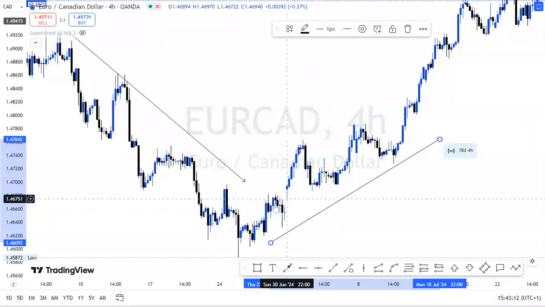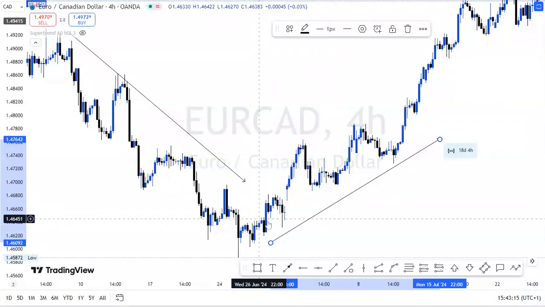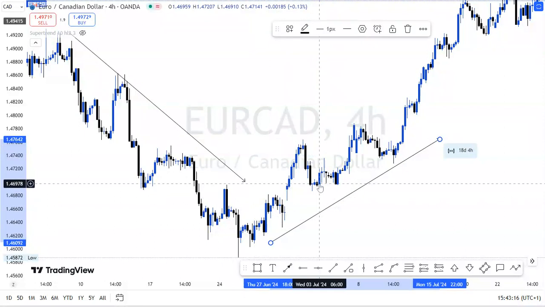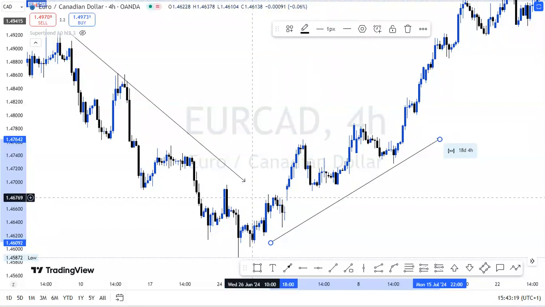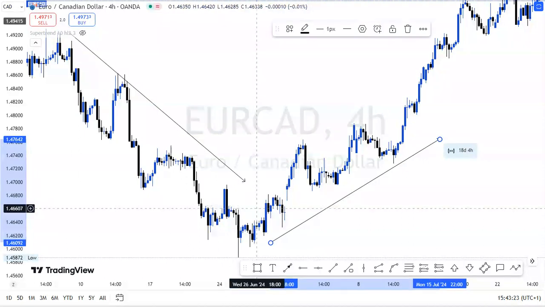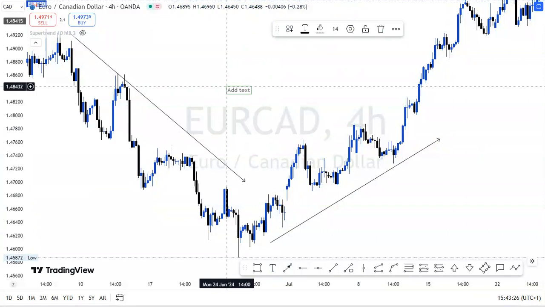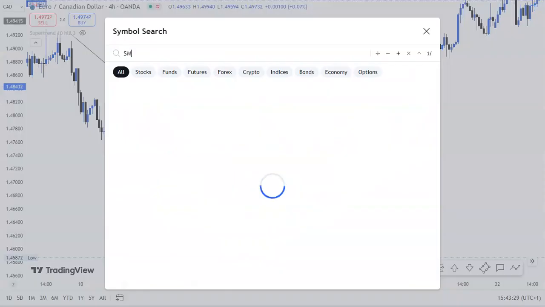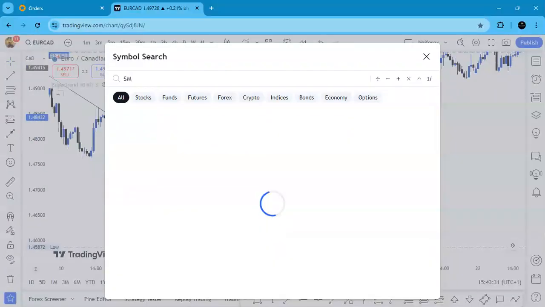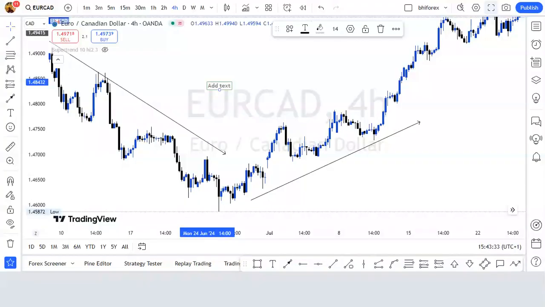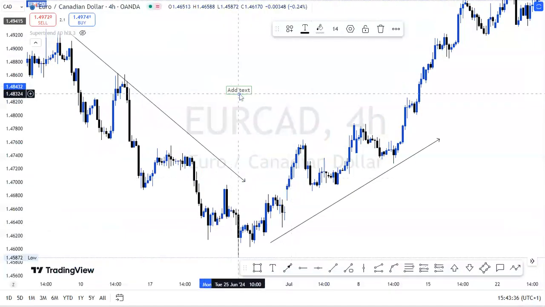And how can we tell for sure that price is reversing or price is changing its trend? Well, it is quite simple. The best way to figure it out is, okay, let me just write it down.